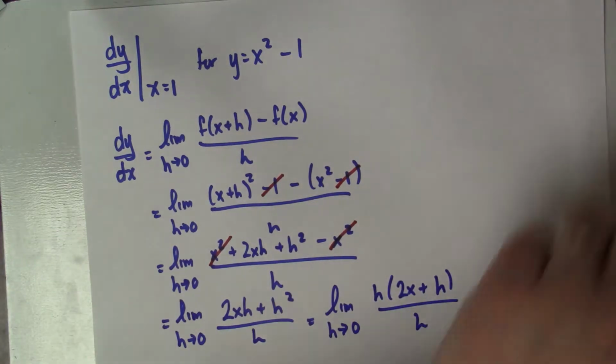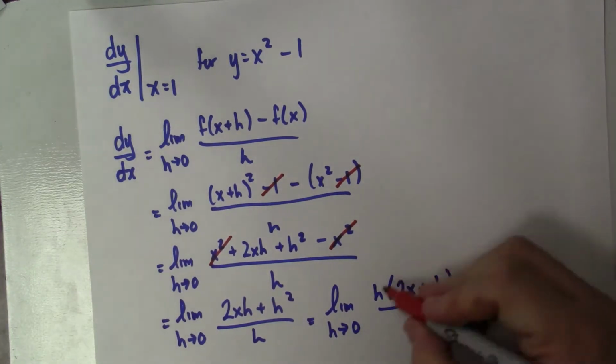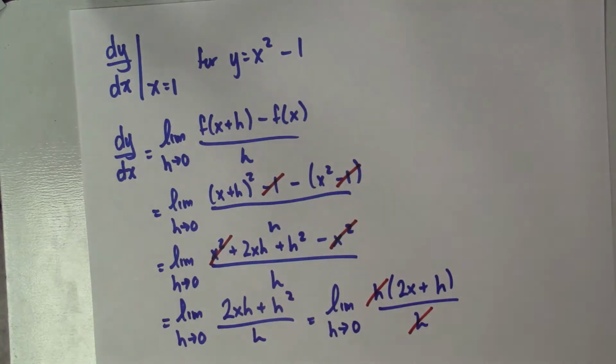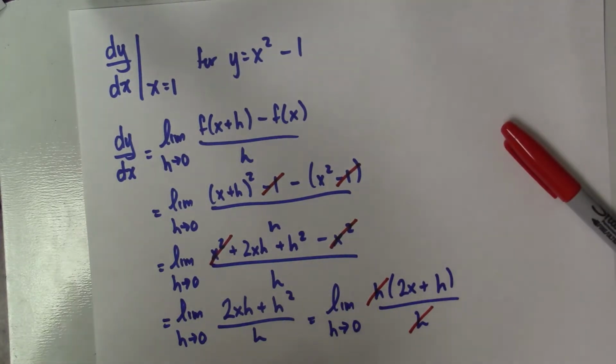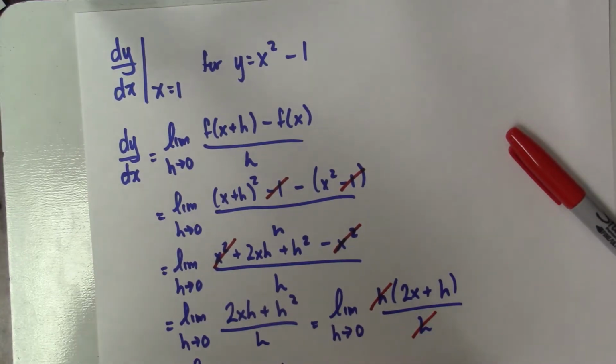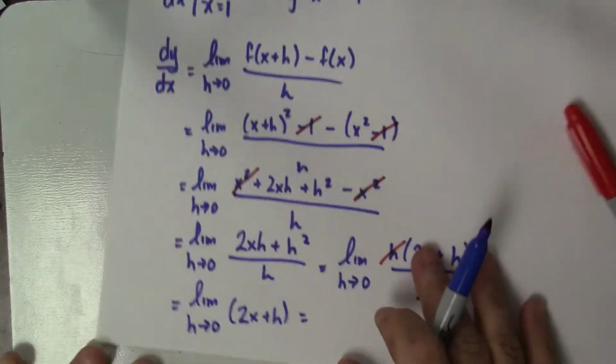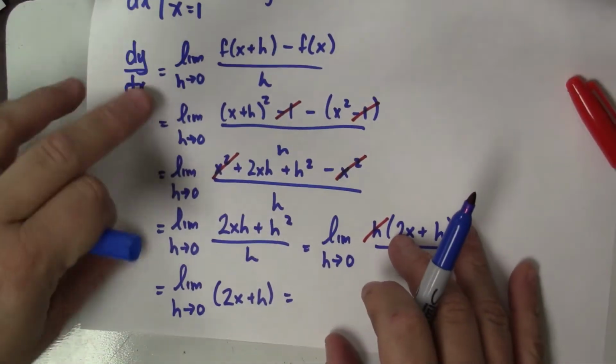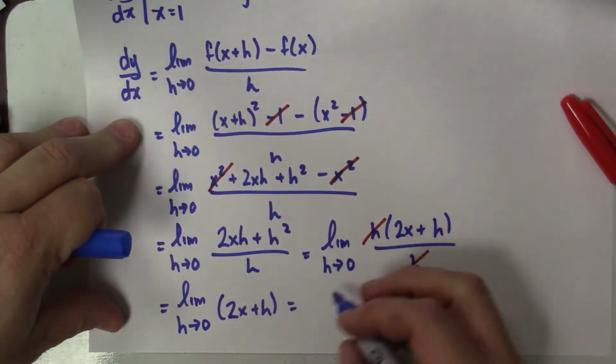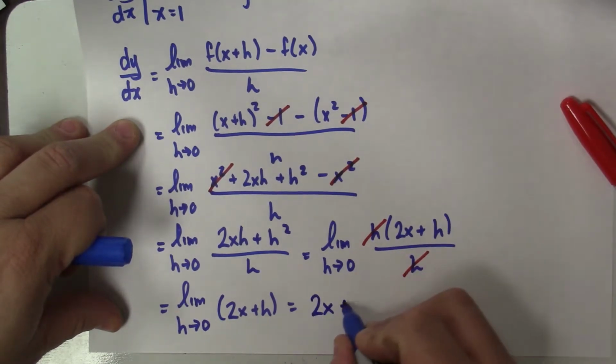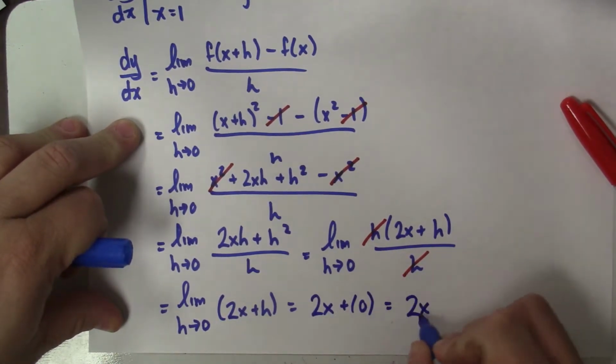I've got an h top and bottom, so for our purposes, since it's a limit, the h's cancel. And I have the limit as h goes to 0 of 2x plus h, which is a polynomial, so I can just plug in. Just plug in 0 for h, so I've got 2x plus 0, which is 2x.